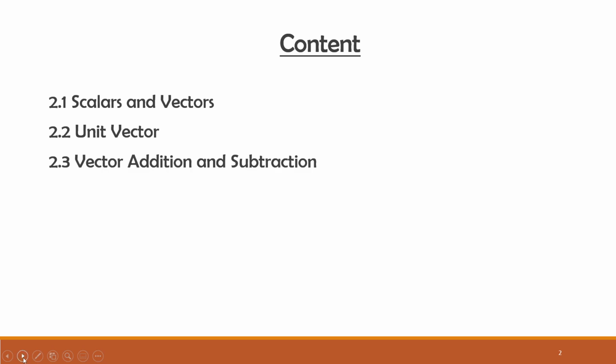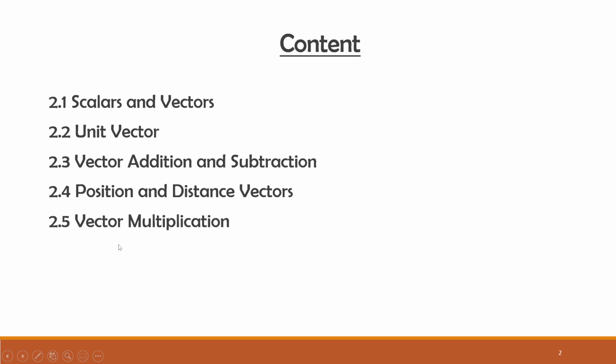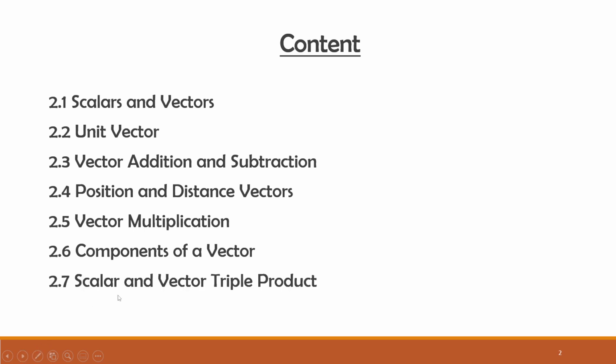Unit vector, the arithmetic of vector algebra, including addition, subtraction, position and distance vector. The vector multiplication, which includes the dot product and the cross product, and then component of a vector. Scalar and vector. Triple product.